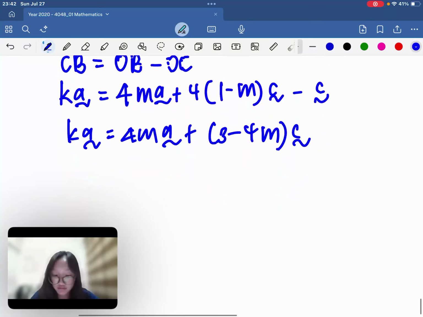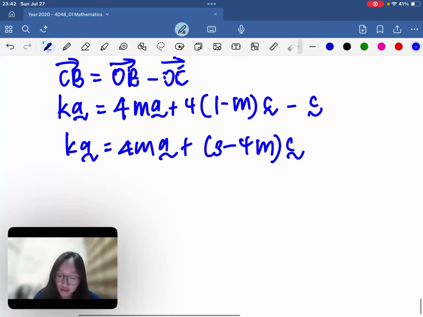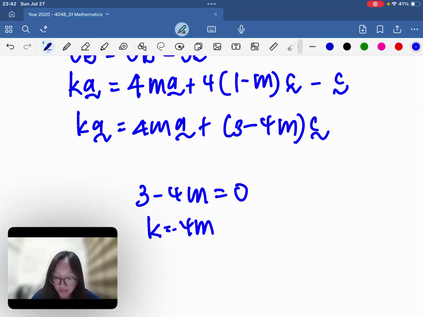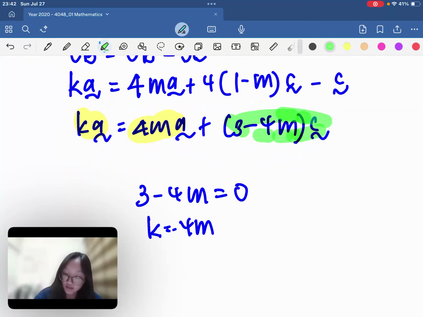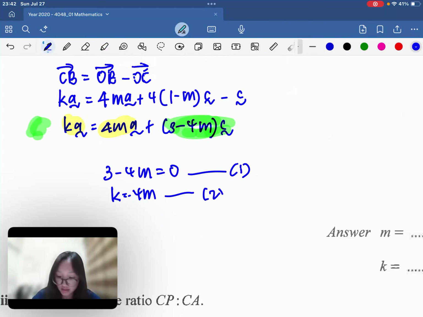Now we're going to write it as a simultaneous equation. So 3 minus 4M is equal to 0, whereby K is equal to 4M. Basically you're just comparing the coefficients here. This part is nothing because there isn't anything with a C. So this would be the first equation and this would be the second equation.